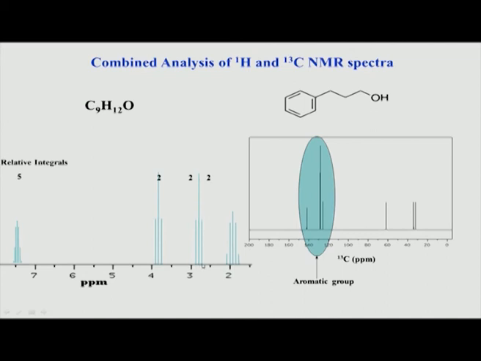It is a triplet because these 2 protons are coupled to 2 protons here. According to the n plus 1 rule, these 2 protons are equivalent and will show a triplet multiplet from J coupling, and this proton is downfield shifted because of the OH.